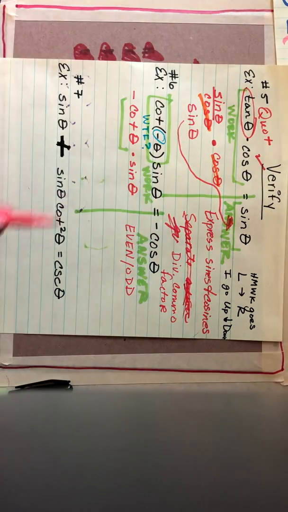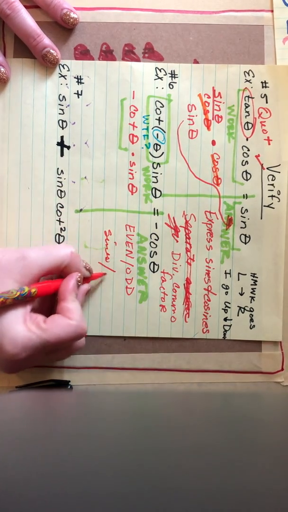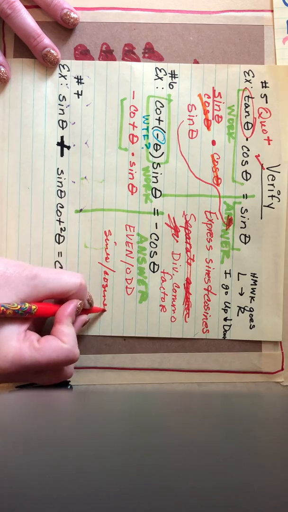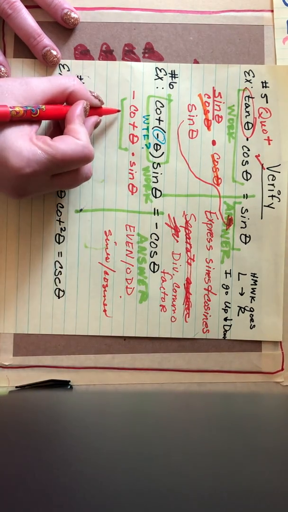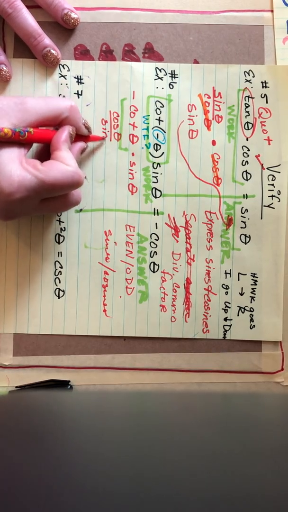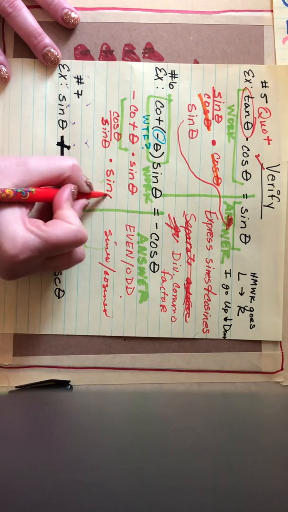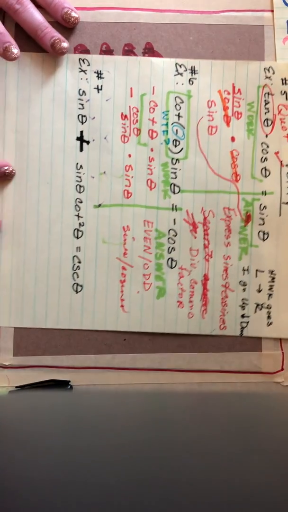So let's do that. We're going to use a ratio identity or quotient identity and express in terms of sines and cosines, as in, cotangent is cosine theta over sine theta. There's still multiply by sine theta, and there's a big negative on front.